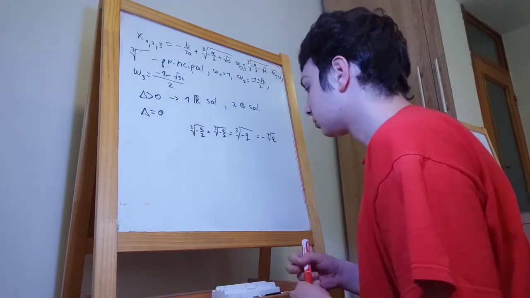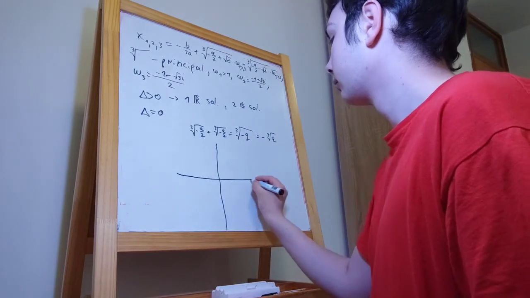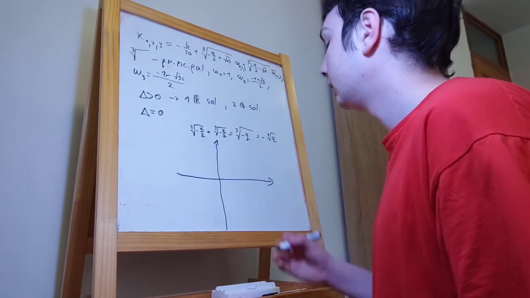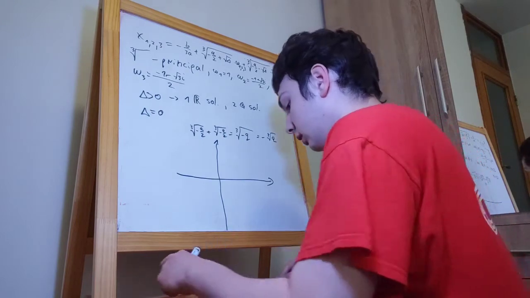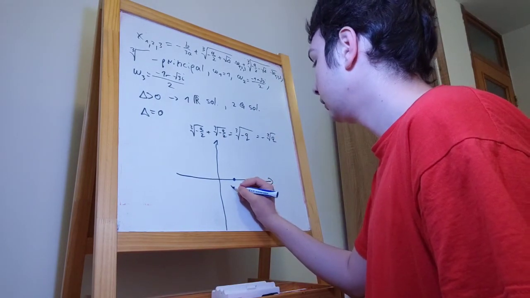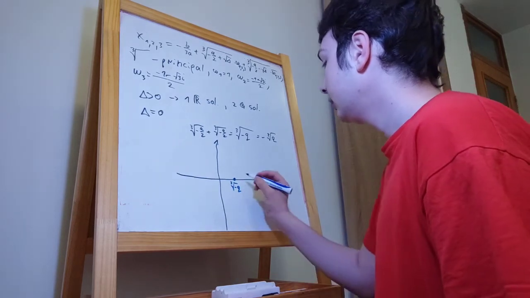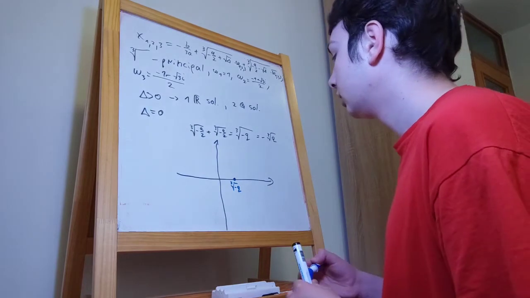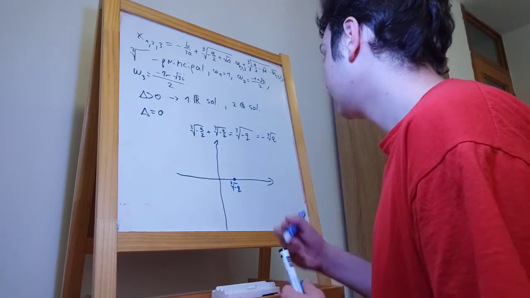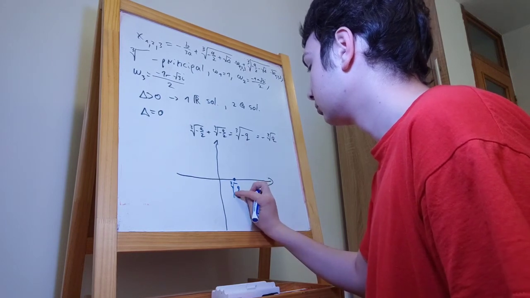We'll just draw this on the xy plane. So here we have the cube root of minus q, and this is a duplicate. We have the cube root of minus q over 2 as well.